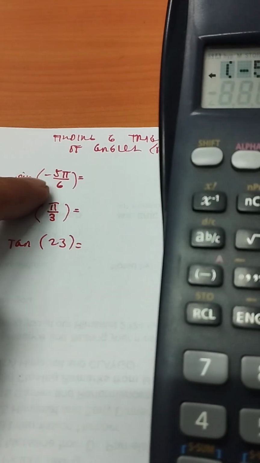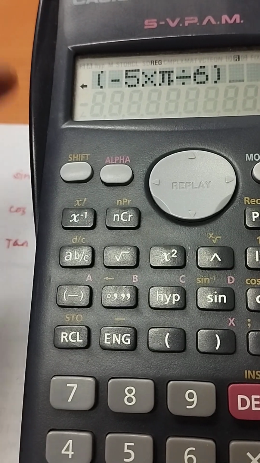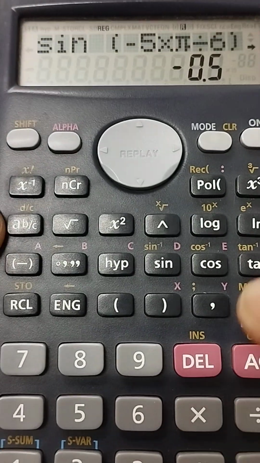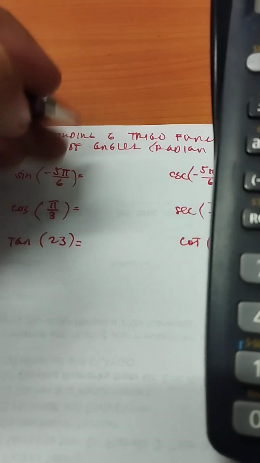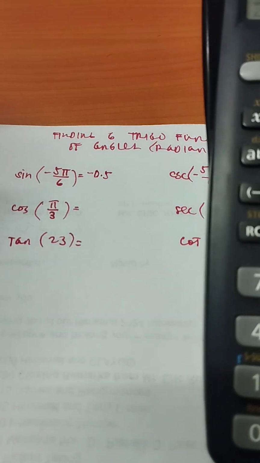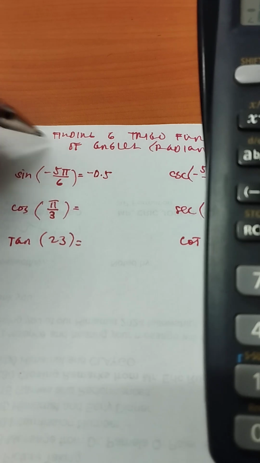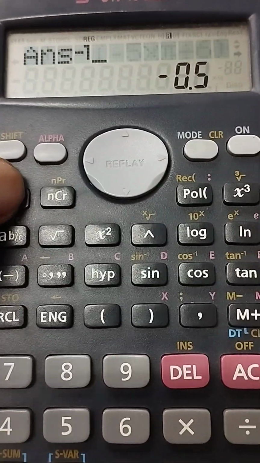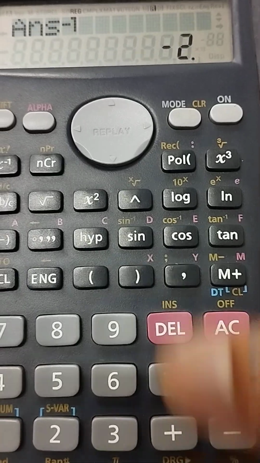So that's how we write the sine of negative 5 pi over 6. That's negative 5 times pi divided by 6. Then we press the equal sign, and that's negative 0.5. And we know that's negative 1/2. We know this from our lesson in the past. So if I get the reciprocal of this answer, you will now have negative 2 for the cosecant.